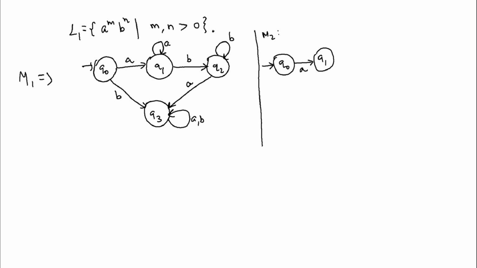Q1 goes on A, B to Q2. Okay. So this is fixed. When it comes to the dead state, what we can do is, for Q0, you have one dead state Q3.